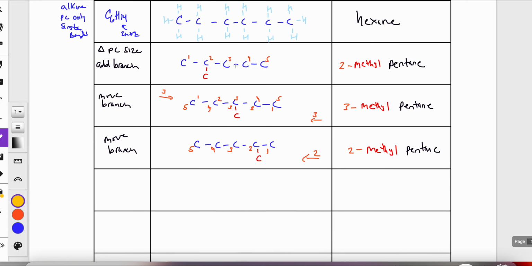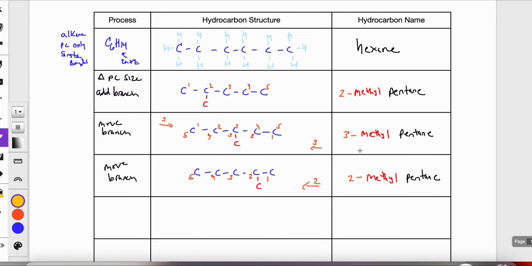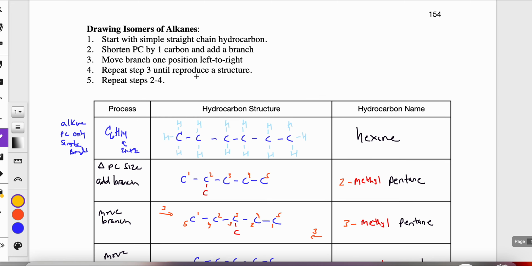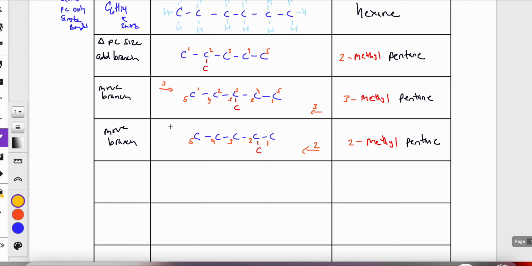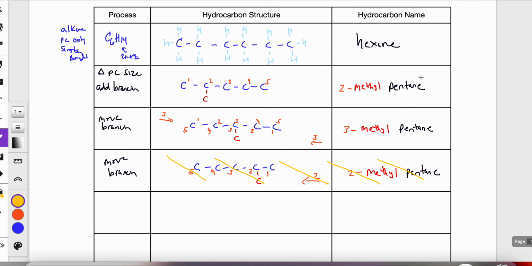I kept moving the interior branch until I had a reproduction of the structure. So this is not a new isomer. This is a repeat. So right now I have 2 isomers. This one is a repeat of the one up above. The molecule just flipped over.